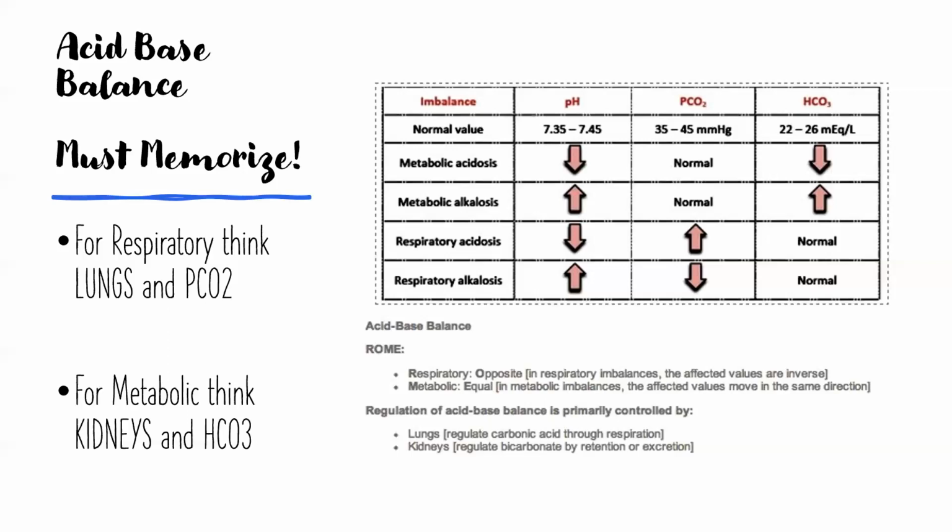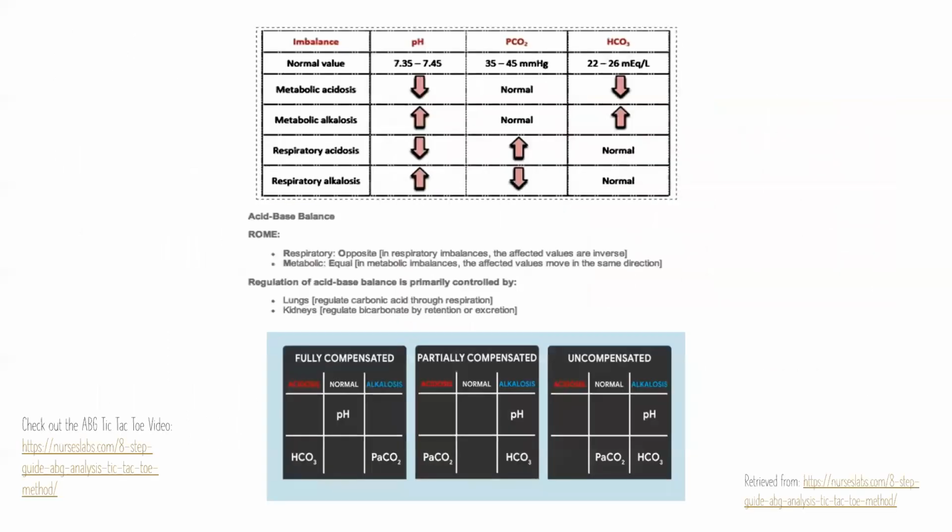In metabolic imbalances, the affected values move in the same direction as pH, with our pH value of 7.35 to 7.45. So ROAM is the acronym that we use for that.